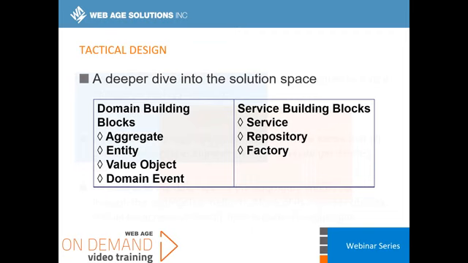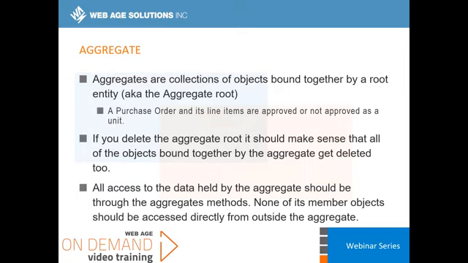Okay, so we'll start with the aggregate. That is the collection of objects bound together by the entity we call the aggregate root. For example, an aggregate might be a purchase order. Each bounded context has at least one aggregate, and may well have multiple aggregates, depending on what it's trying to produce.